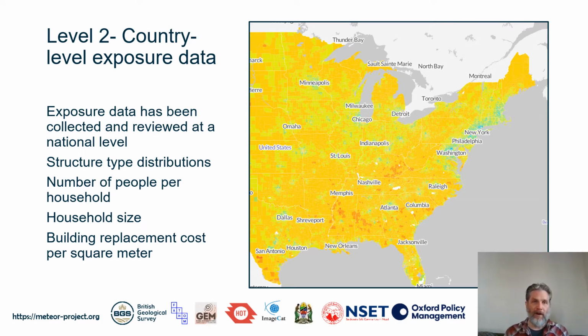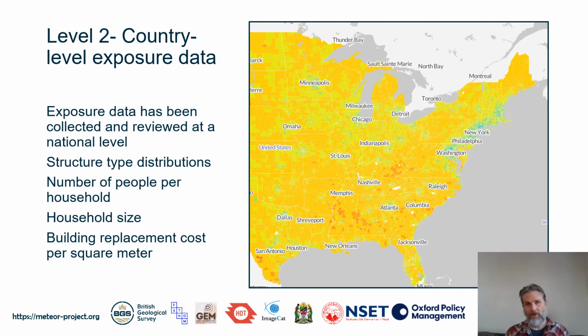Number of people per household is a key statistic, and as we'll talk about throughout the results here, it is key in getting to an estimate of actual square footage distribution of buildings as well as the replacement cost. The number of people per household in a level 2 would hopefully come from census data, and if not, the assumptions that are made at the nationwide level can really cause a lot of error.